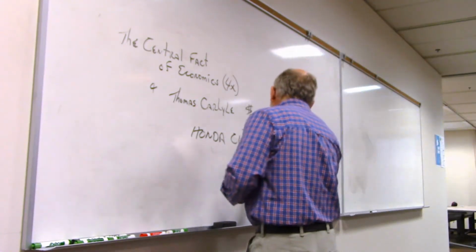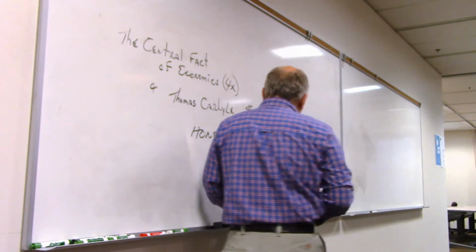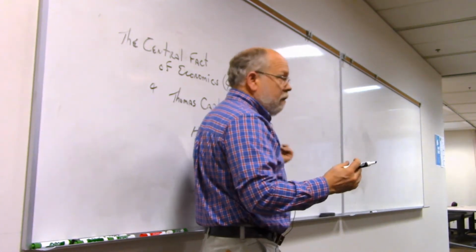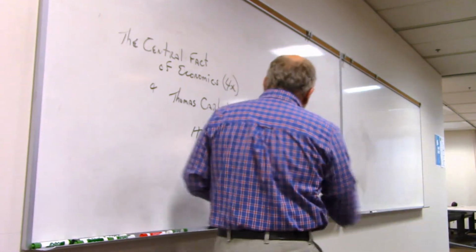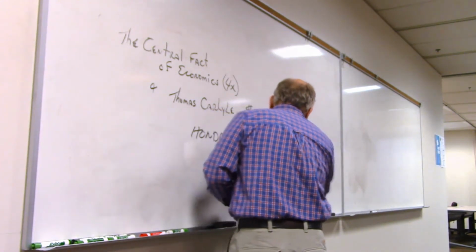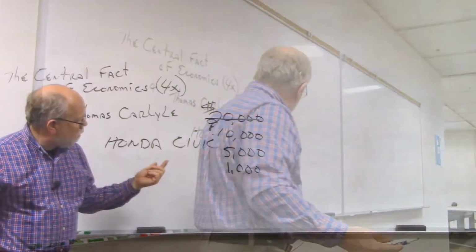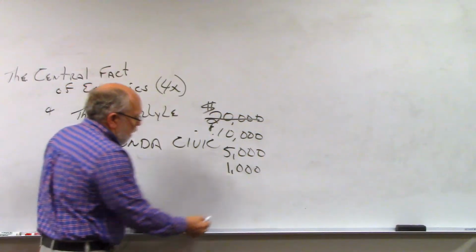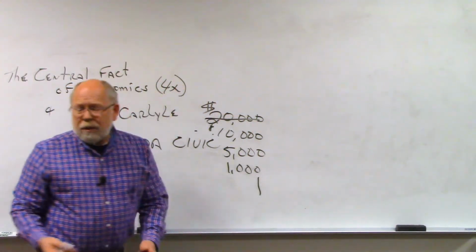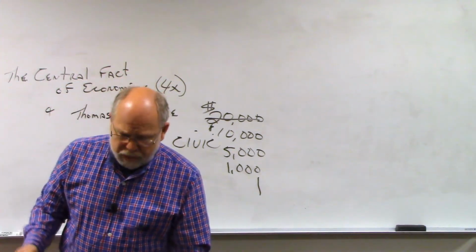If we brought the price down to $5,000, we could afford to buy 4. If they brought the price down to $1,000, we could afford to buy 20. If they brought the price down to $1 apiece, we could buy 20,000 of those things.